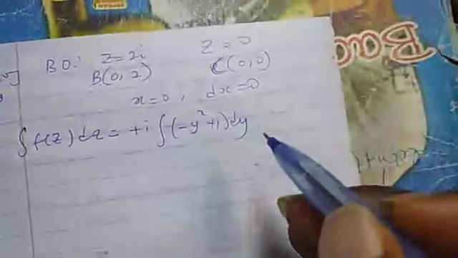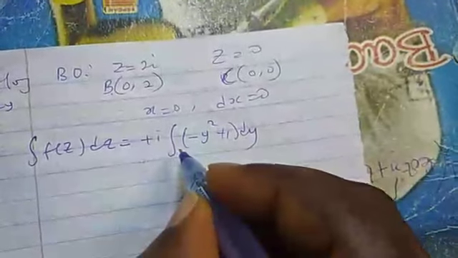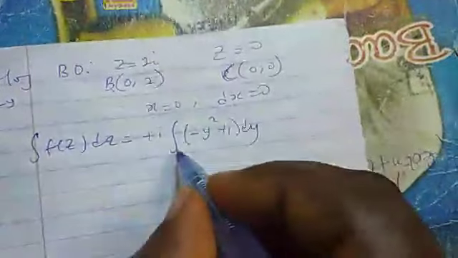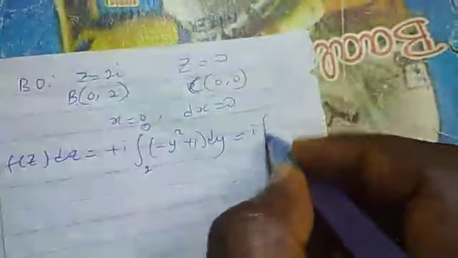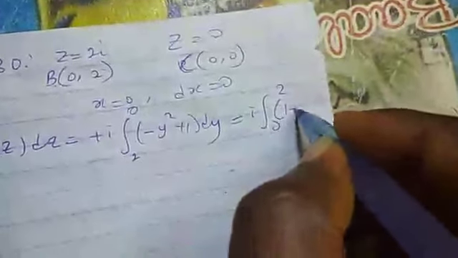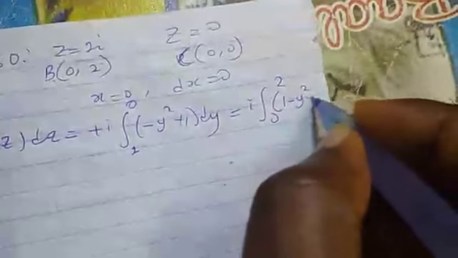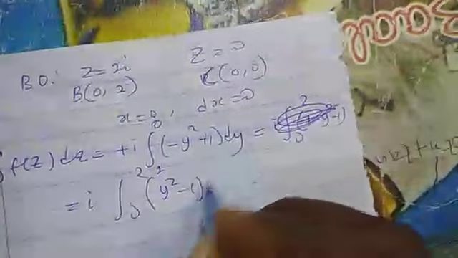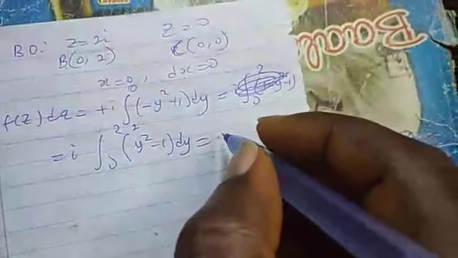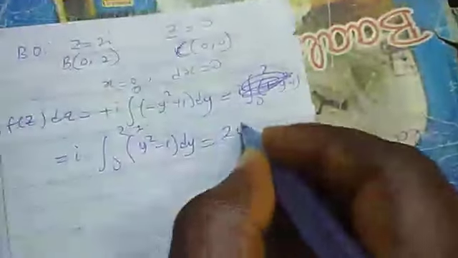Now we have only y. Because we are dealing with only y, it will be 2 to 0, which we can write as i into 0 to 2. It will now be y squared minus 1. This is i into 0 to 2, y squared minus 1 dy. So it is now very easy for us to simplify here. This will give me 2i over 3.